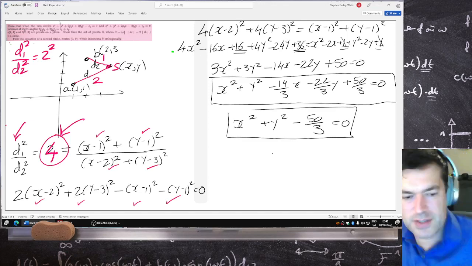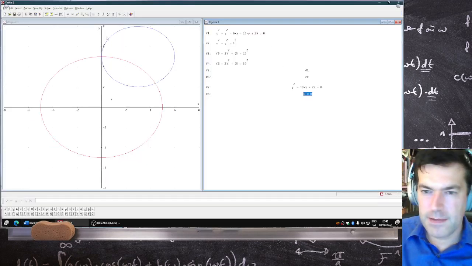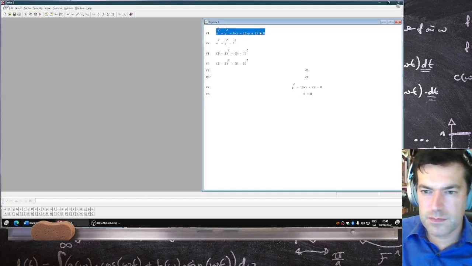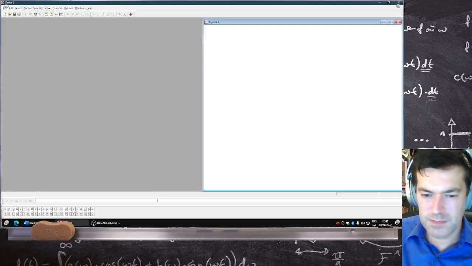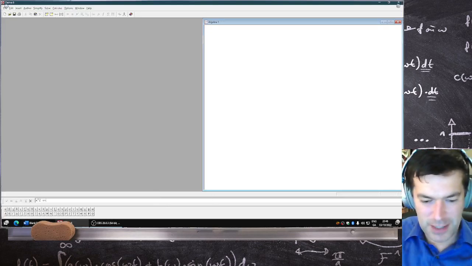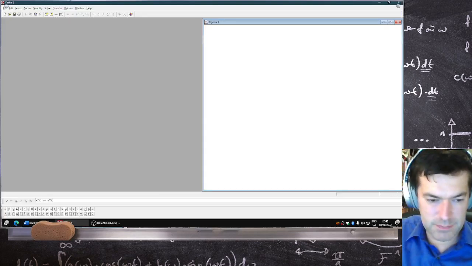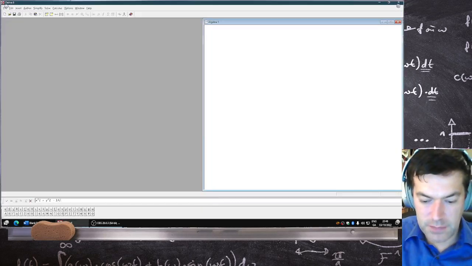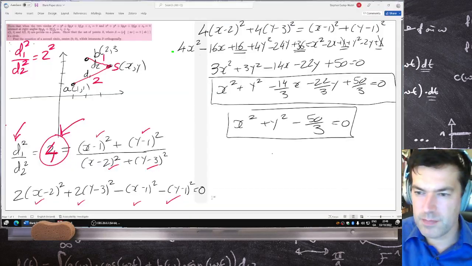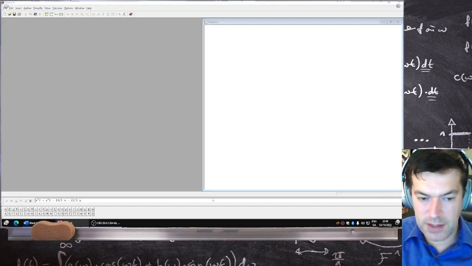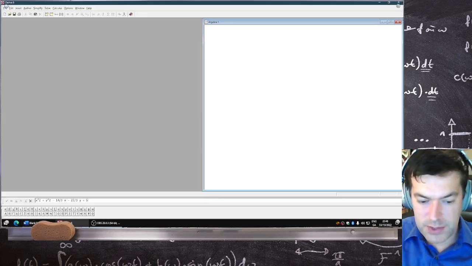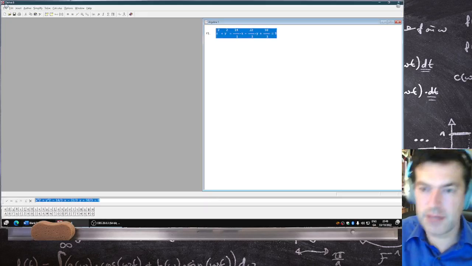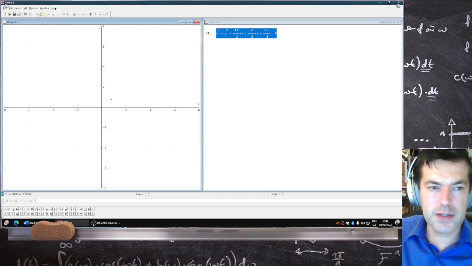Now let's draw those and see how they look. I don't like the fractions. x squared plus y squared minus 14 over 3 x minus 22 over 3 y plus 50 over 3 equals 0. Let's see how that looks. Okay.